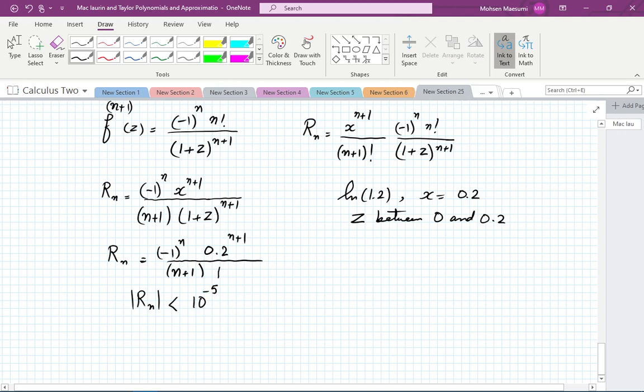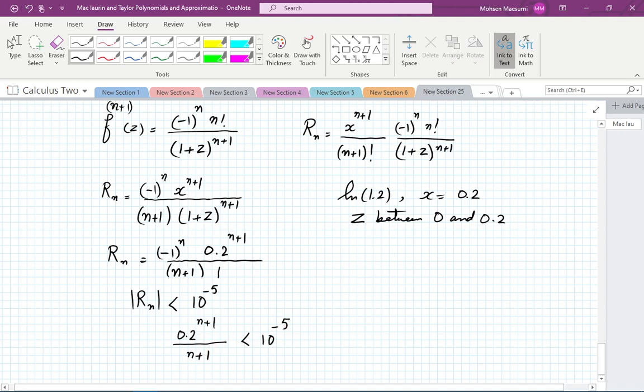That is how to assure ourselves that our accuracy is within the required range. So that means I want 0.2 to the power of n plus 1 over n plus 1 less than 10 to the power of minus 5.